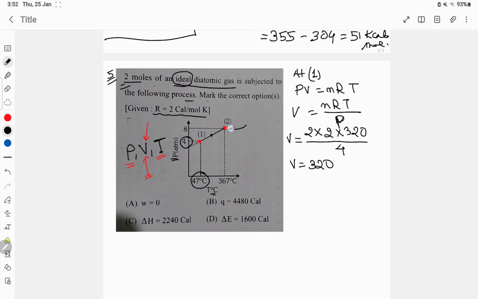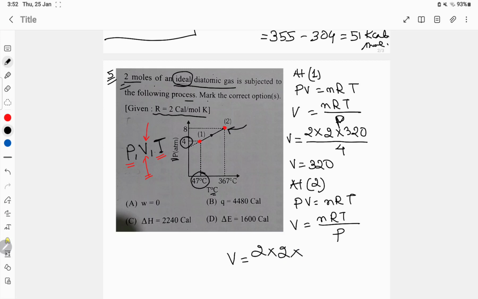Now let's find the volume at point 2. PV is equal to nRT, same equation, V is equal to nRT by P. Then V is equal to number of moles 2, R is 2, then temperature is 367 plus 273, let's change into Kelvin, so I get 640, divided by the pressure at point 2, which is 8.